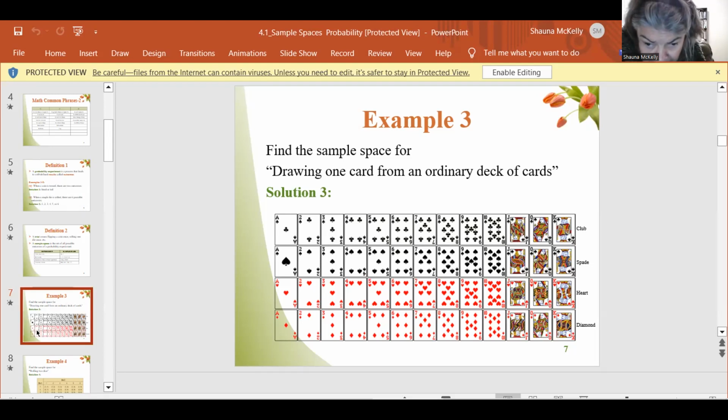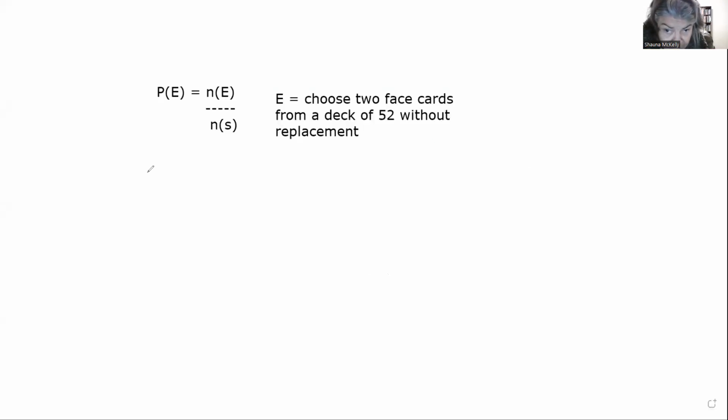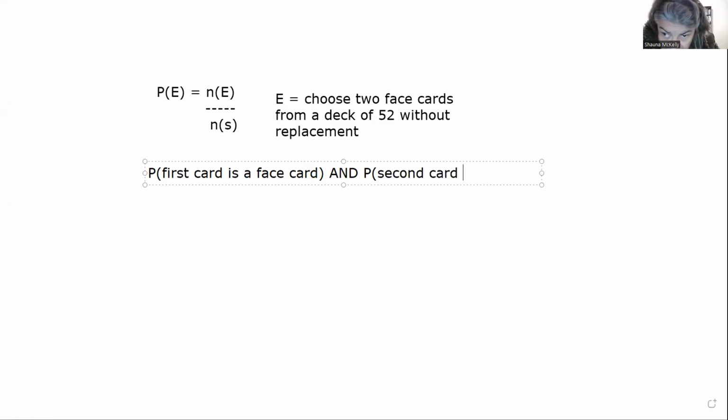Here's the first method. One way to do this problem is to look at the probability that the first card is a face card, and the probability that the second card is a face card.